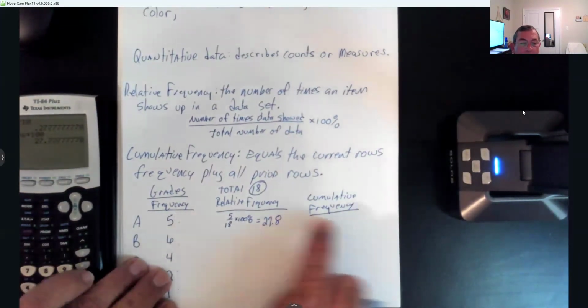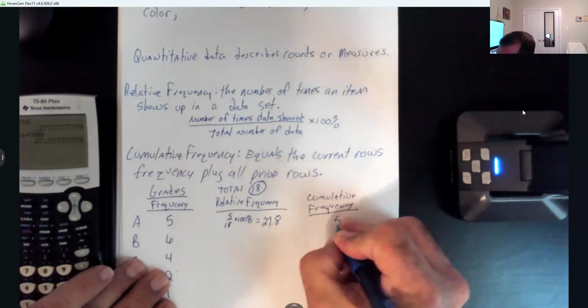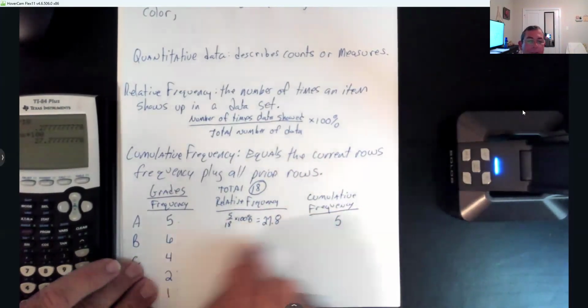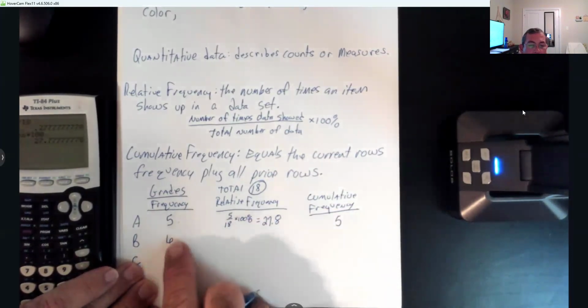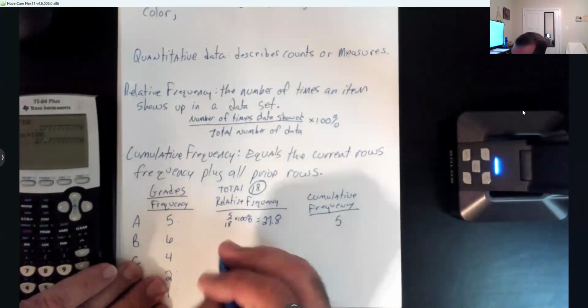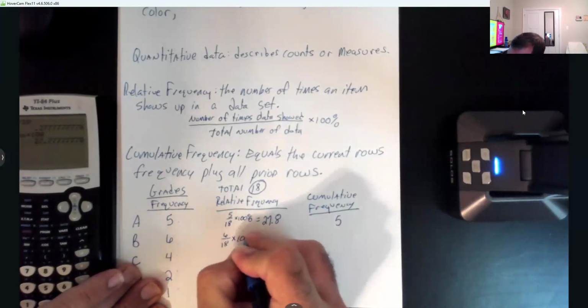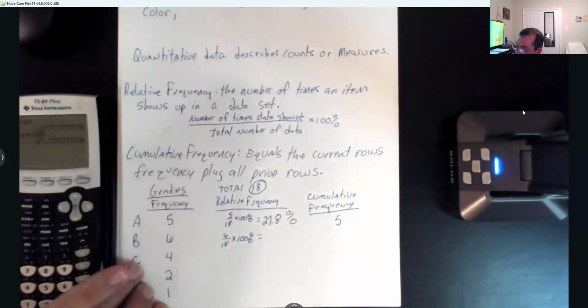Now the cumulative frequency is the frequency of that row, which is 5. And there's no prior rows, so I'm good. So now let's do the B's. My relative frequency will be 6 divided by the total. So 6 divided by 18 times 100%. Oh, remember, that's in percent now.